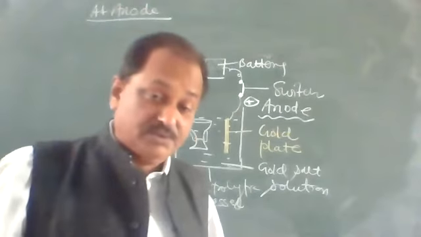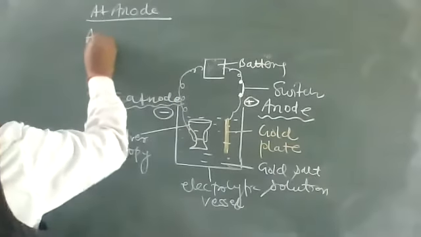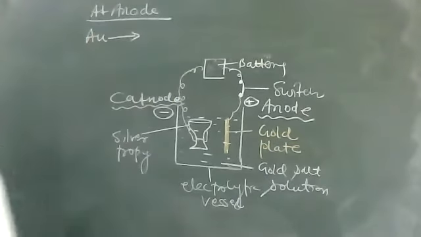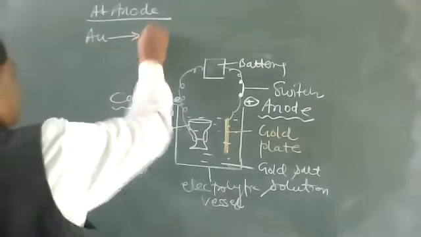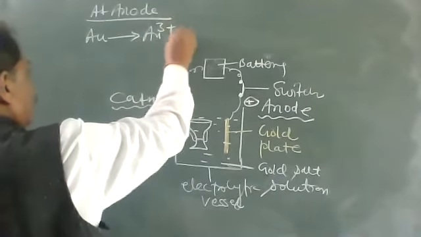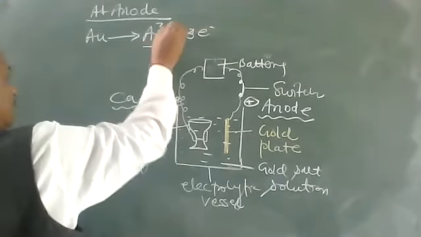Loss of electrons. So gold is there, gold loses electrons, and there is formation of gold ions.